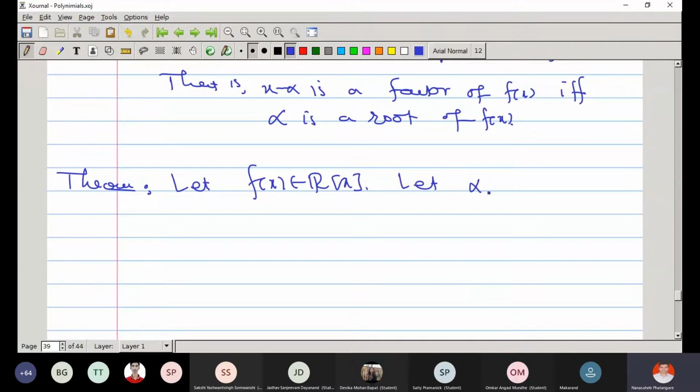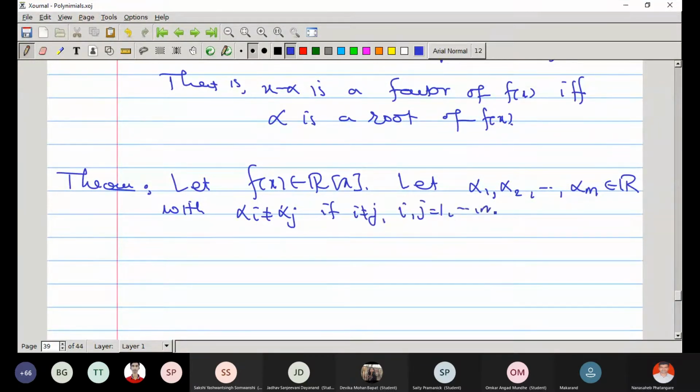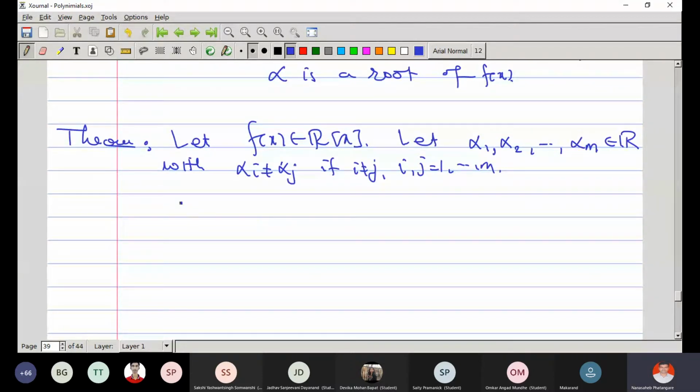Let alpha 1, alpha 2, up to alpha m be real numbers with alpha i not equal to alpha j if i not equal to j, i, j from 1 to m. So all are distinct numbers such that f of alpha 1 is 0, f of alpha 2 is 0, up to f of alpha m is 0, right?